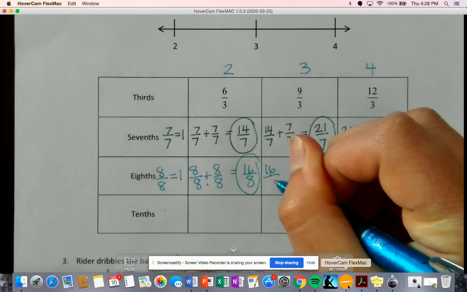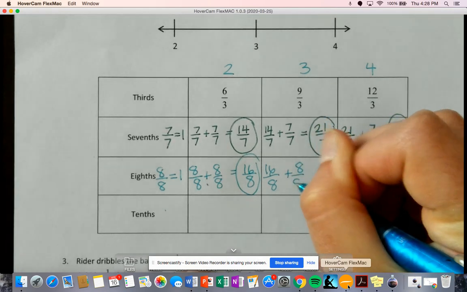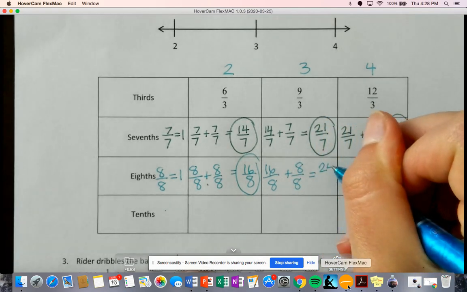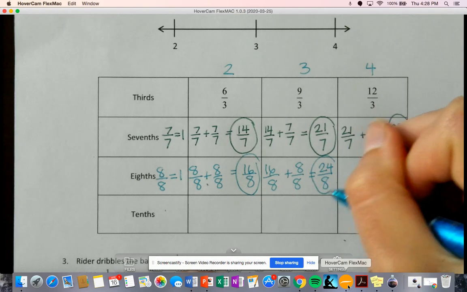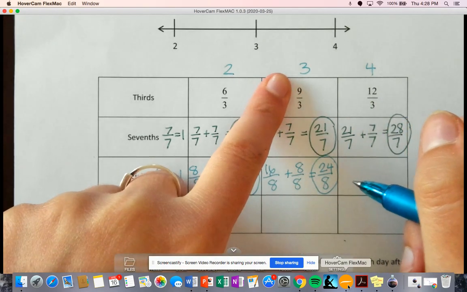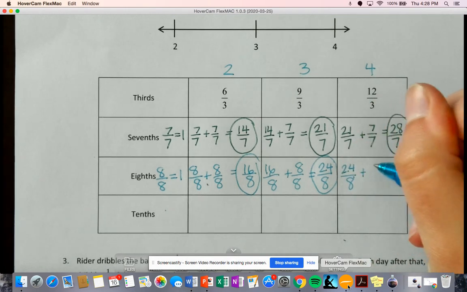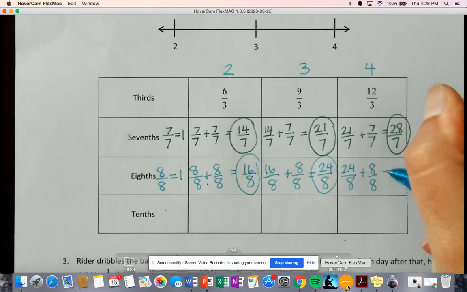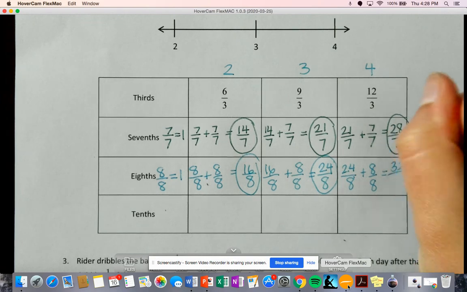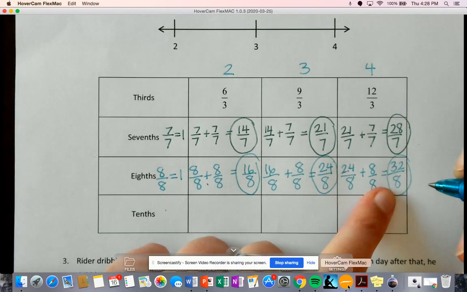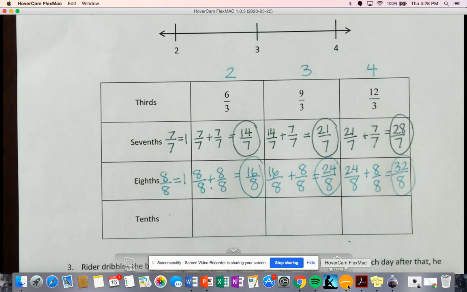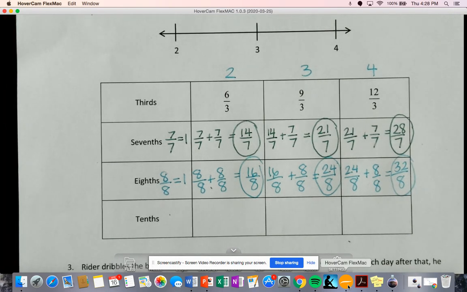Then I take 16 eighths and add 1 more whole, and I now have 24 eighths. And 24 divided by 8 is 3. Then I take 24 eighths, add another 8 eighths, and I now have 32 eighths, and 32 divided by 8 is 4.